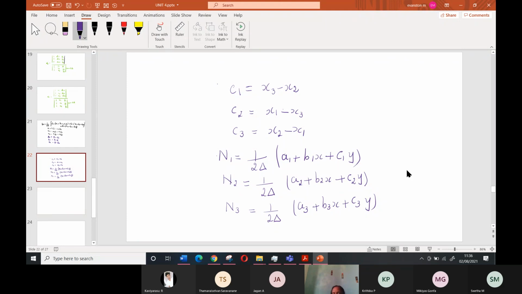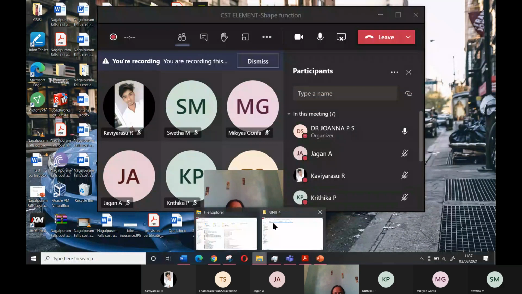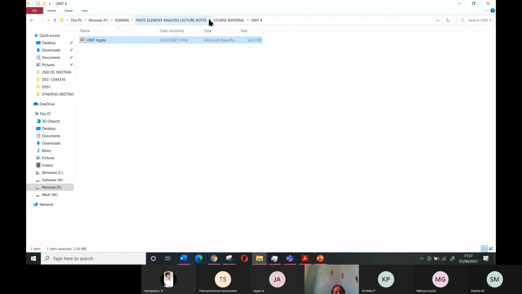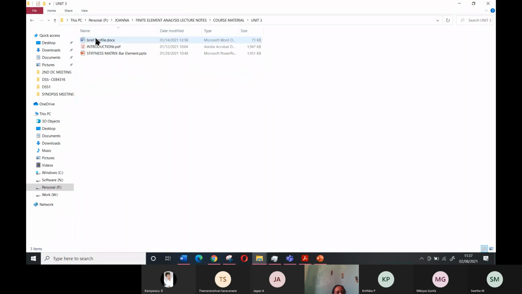So just to refresh what we have learned yesterday and today, this is a very important question. If you know the shape function, then you can find out the stiffness matrix and the load vector. So why we are deriving all these things is to find out the stiffness matrix and the load vector. Am I correct? I'll go to the previous slides to explain whether what we are doing is correct or not. Unit 1 stiffness matrix, unit 2 and unit 3.